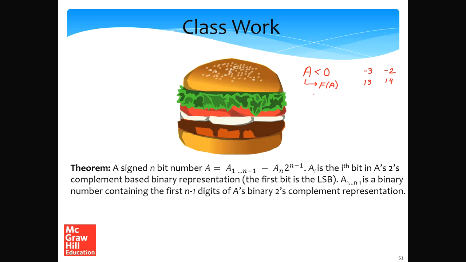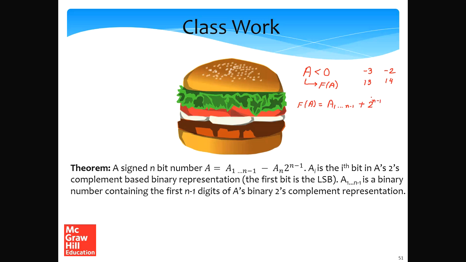So what we can say is that this number f of A is essentially equal to the number which is formed by considering the first n minus 1 bits of the 2's complement representation of A, plus 2 to the power n minus 1.